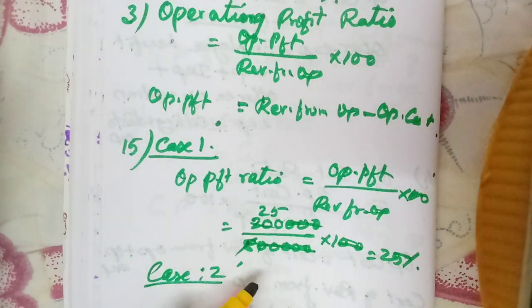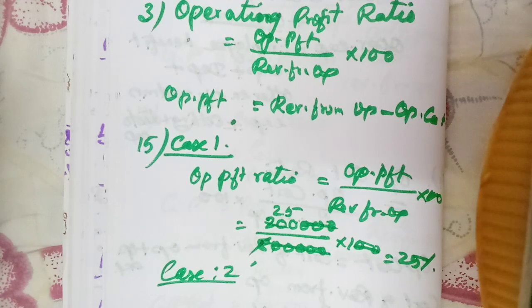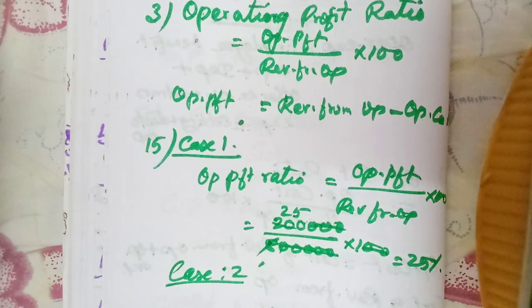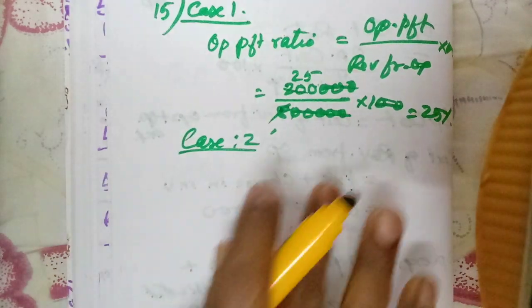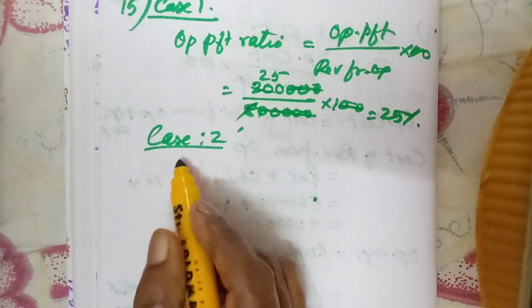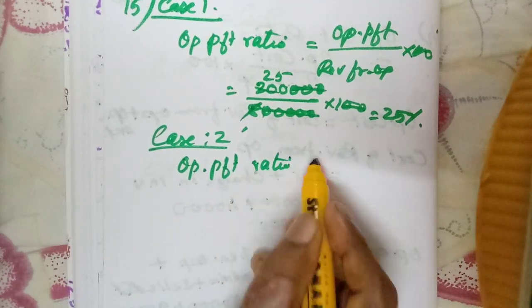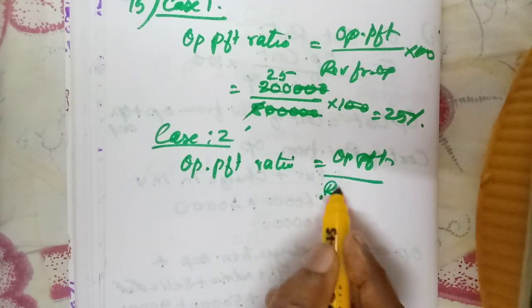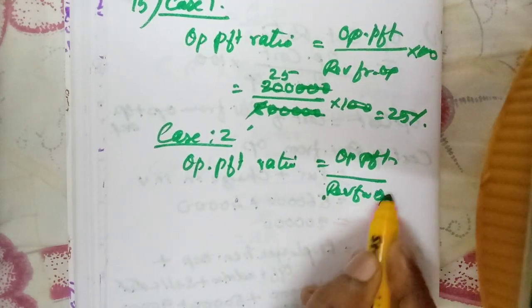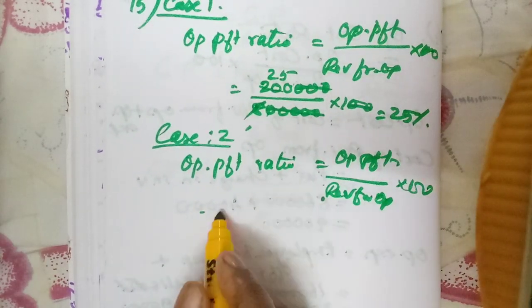Okay, case 1. Then case 2. What is given? Revenue from operation is given. Operating cost is given. Here also we have to write the formula. Okay, operating profit ratio is equal to operating profit divided by revenue from operation into 100. Okay, here operating profit is not given.